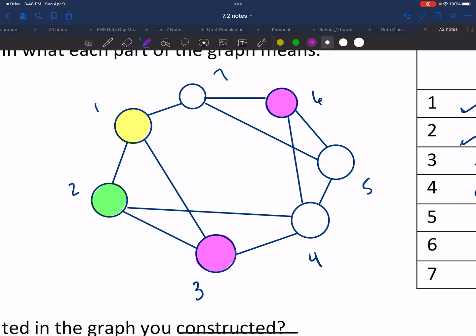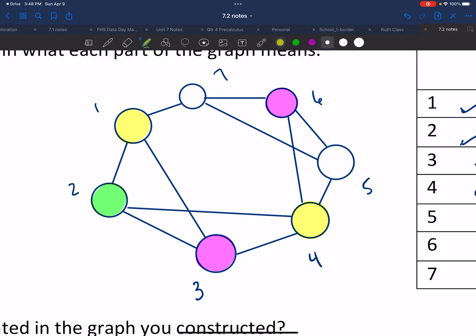Even though they're both connected with 4, they're not connected with each other. And with 4, we have that connected to green and magenta so far, but I don't have a connection between this yellow and that one. So I'm going to use yellow to mark that one.